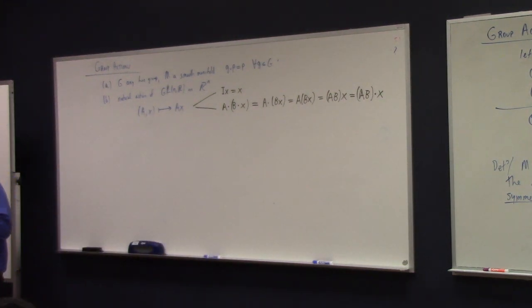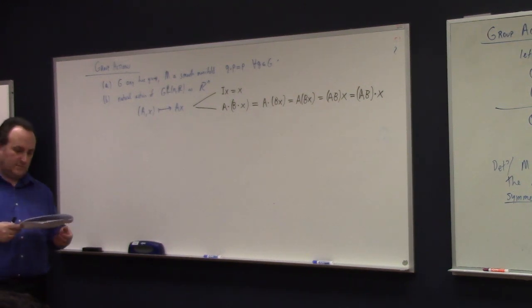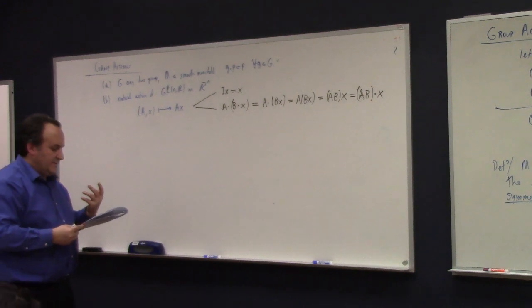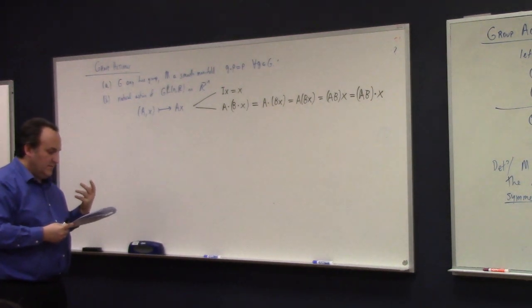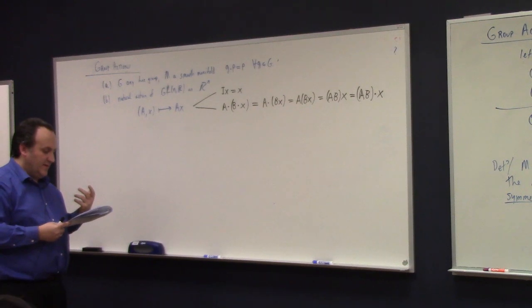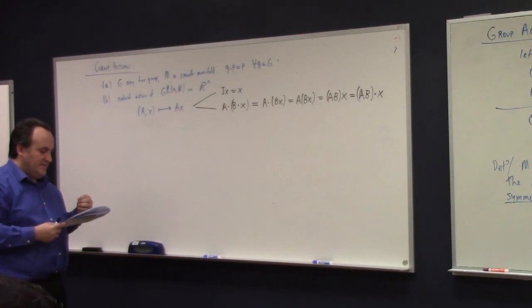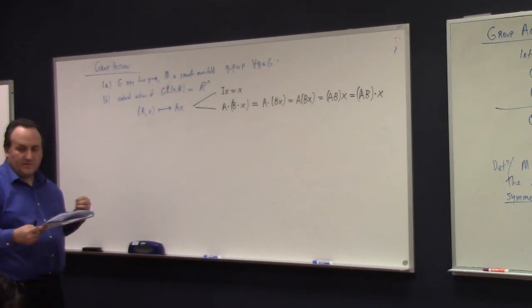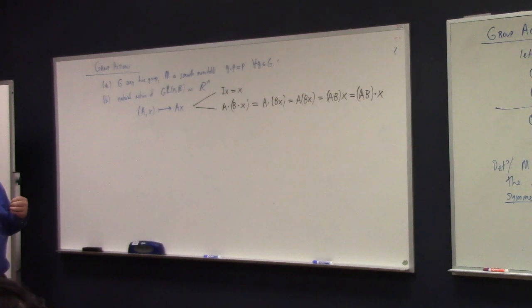Now, maybe the orbits are a little bit more interesting. What can you say about this action? He says, because any non-zero vector can be taken to any other by an invertible linear transformation, there are exactly 2 orbits: 0 and everything else.